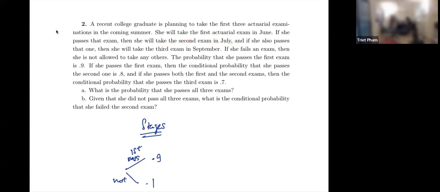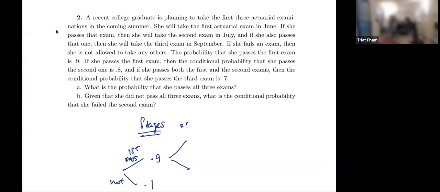So the tree continues with the pass node on the first one. If she passed the first exam, then the conditional probability she passed the second one is 0.8. So here, this is the second one, 0.8 if she passes, and 0.2 if she doesn't pass.